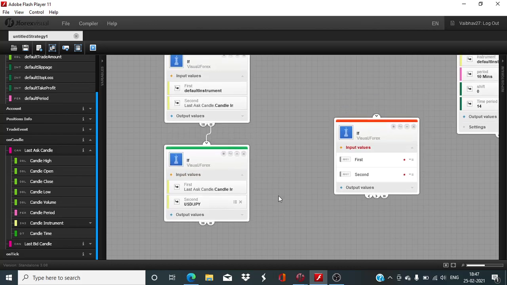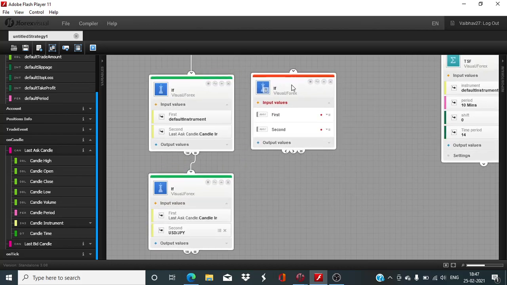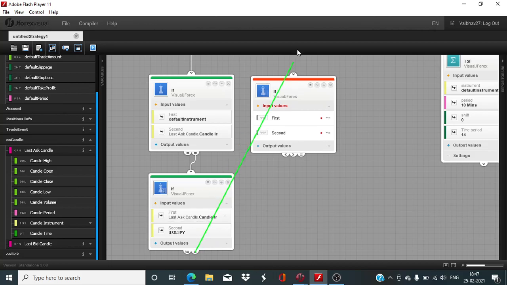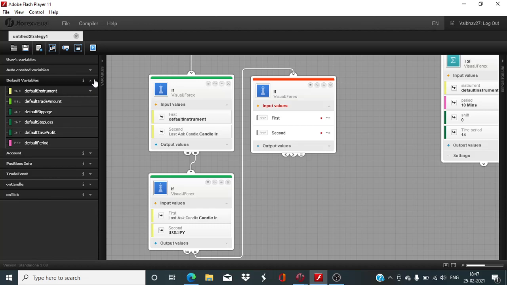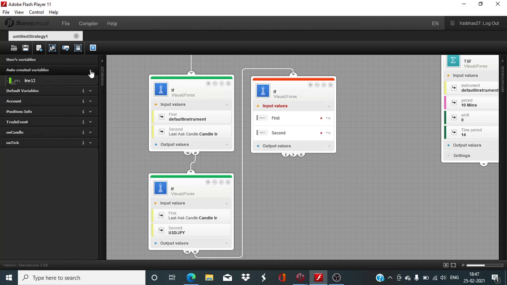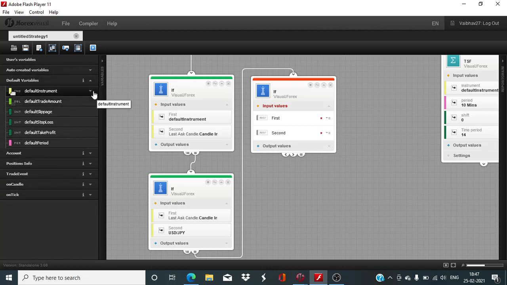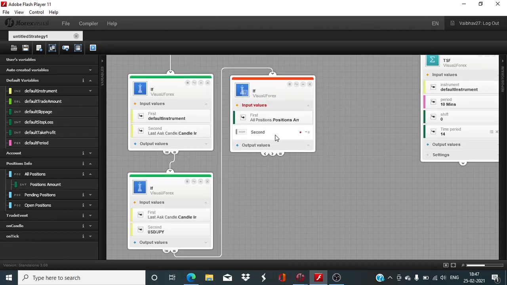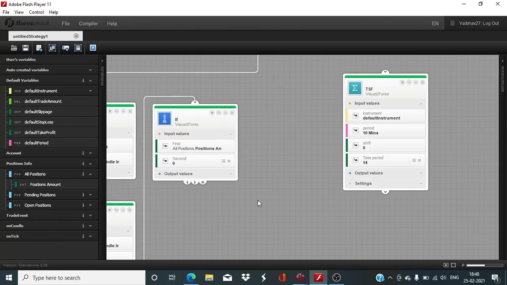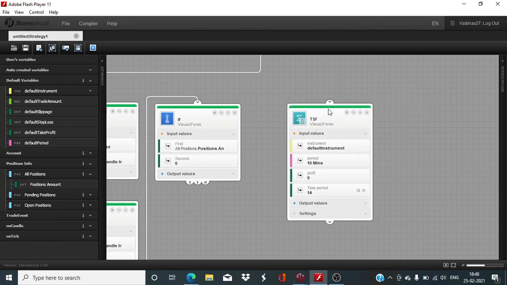Okay, we got this USD JPY, and we want to make sure that in the position info, there shouldn't be any position open or pending position on the account whenever the trade will be initiated. So for that, the all position amount has been defined at 0.